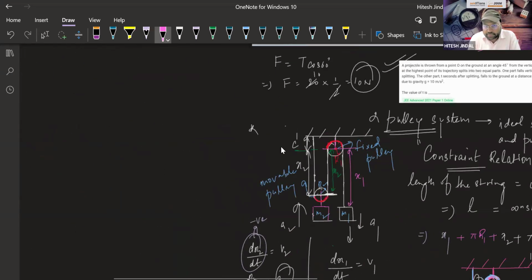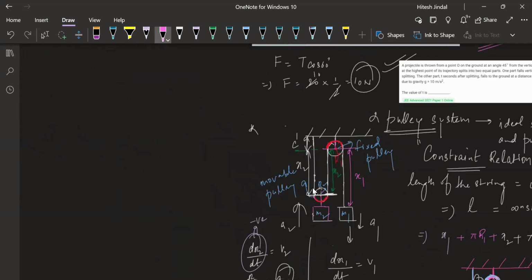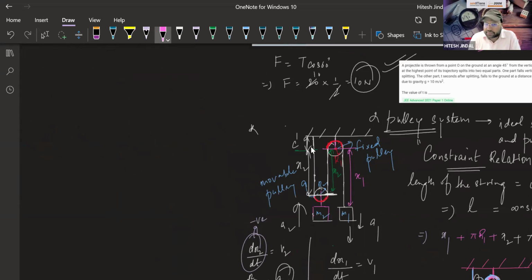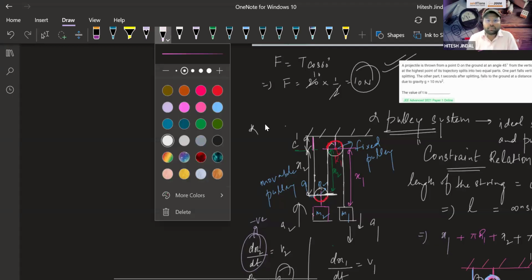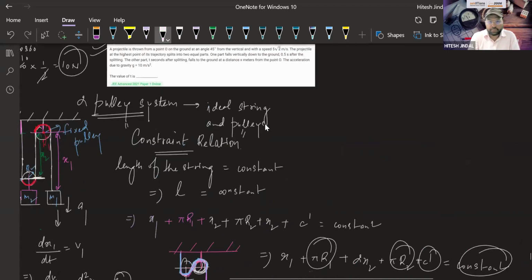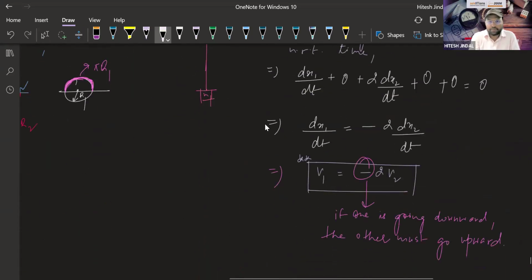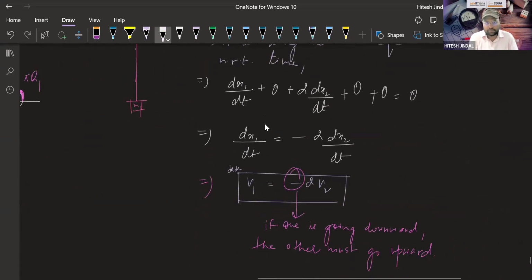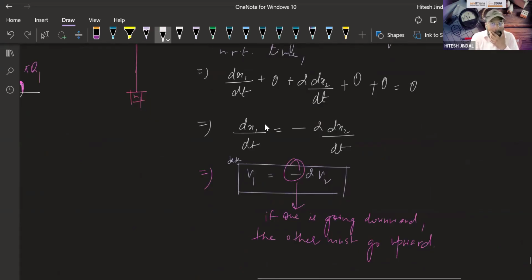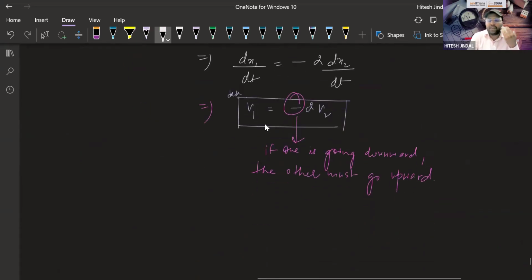From here, we are just getting x2. This is C dash, and this will always remain here, right? So this will be a constant. This will not contribute to any change.